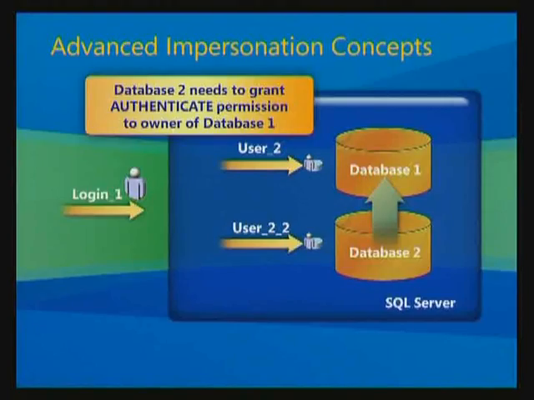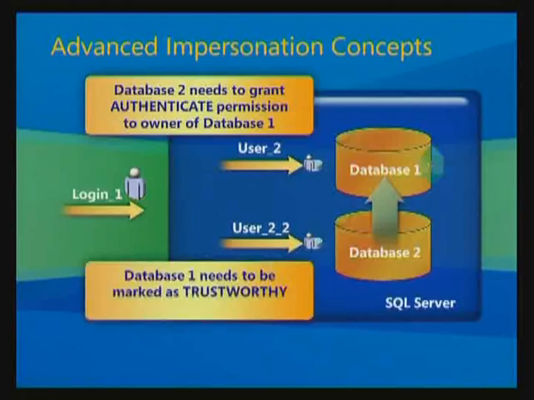So that particular DBO may in fact own a number of different databases, and you may not want to have this trust relationship across all of those databases. So what the owner of database 1 can do is set the trustworthy bit on for database 1, which is basically saying, for those who trust me, I only want them to trust database 1.